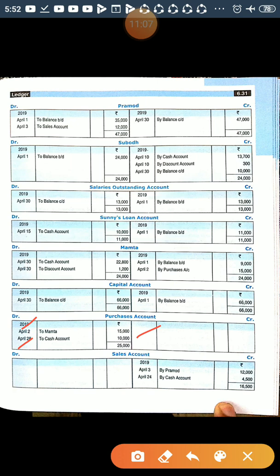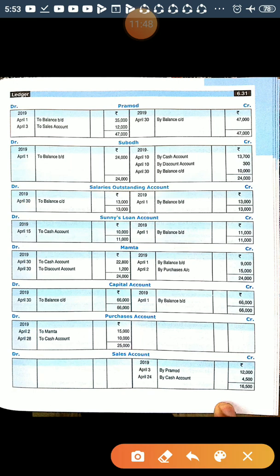So at the end of the year, March 31st, 2020, we will write the date, and we will transfer its balance to trading account. I will discuss with you what nominal accounts are supposed to be transferred to trading account and profit and loss. That is a part of the financial statement learning.